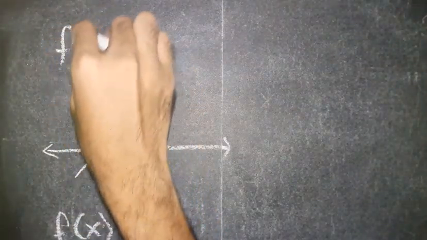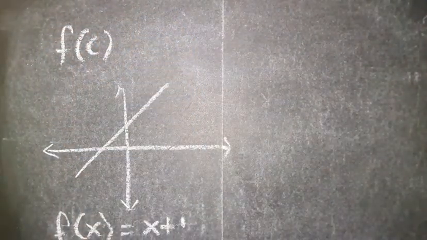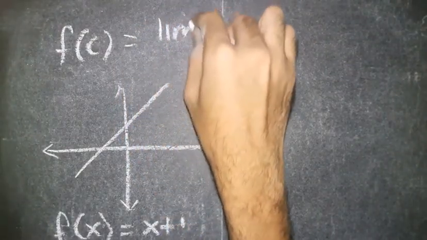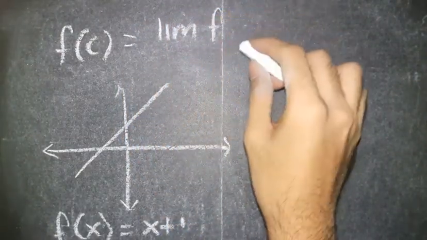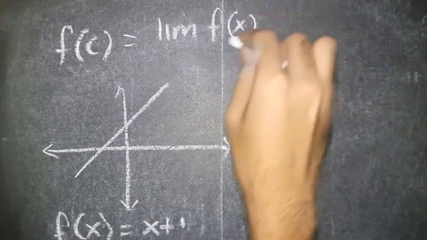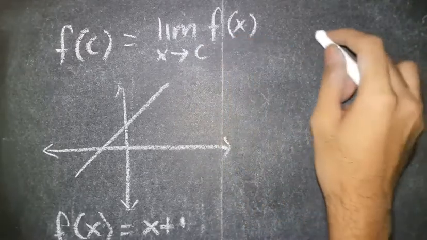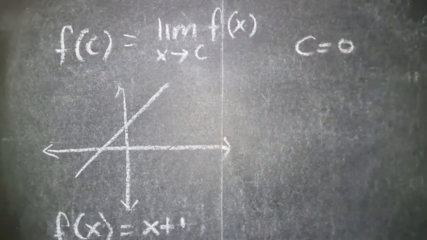And for the last condition, f of c must be equal to the limit of f of x as x approaches c in order for the function to be continuous at 0.